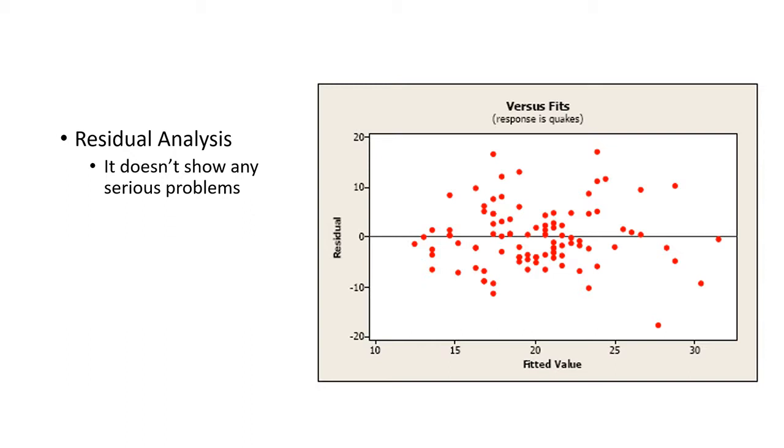Residual is the difference between the observed and the predicted values. We plot the residuals against the predicted values or fitted values, and it does not show any problems. They are scattered, random, and the variance looks equal.